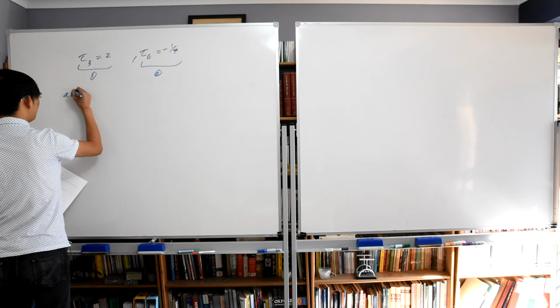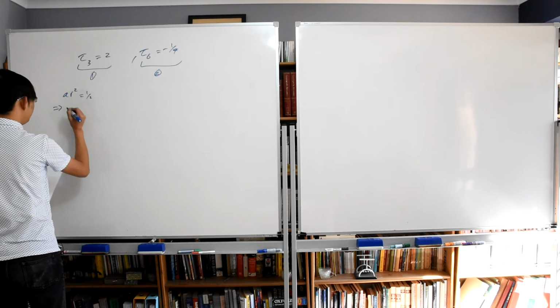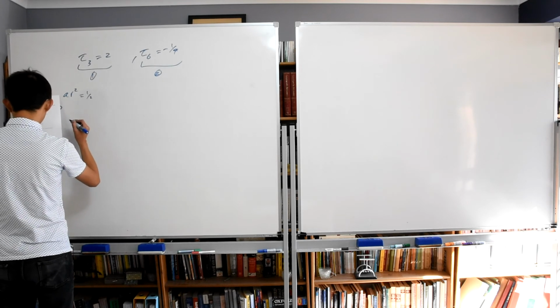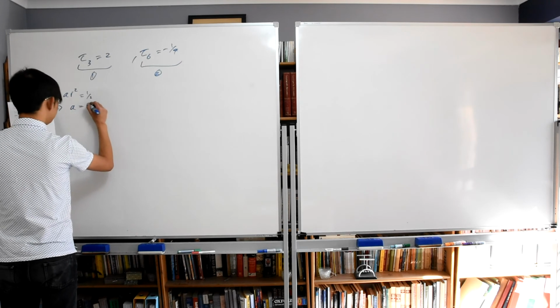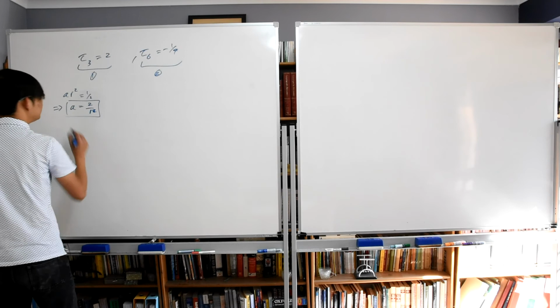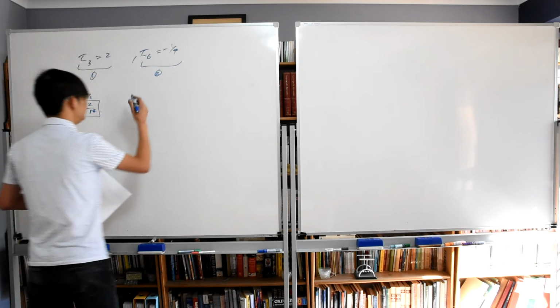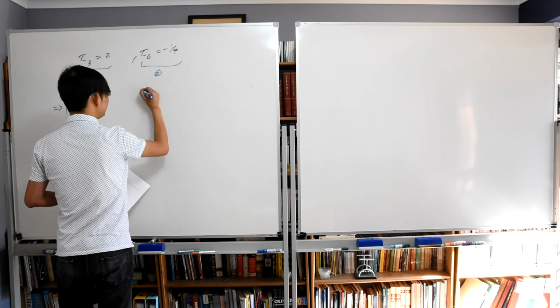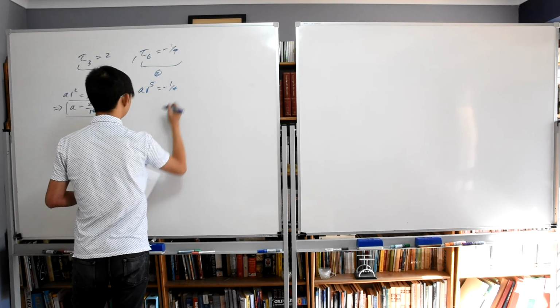T3 is ar squared equal to 2. If we don't like it that way, we can do a is equal to 2 on r squared. Let's substitute this a into T6, and T6 is given by ar to the power of 5 equal to minus 1/4.